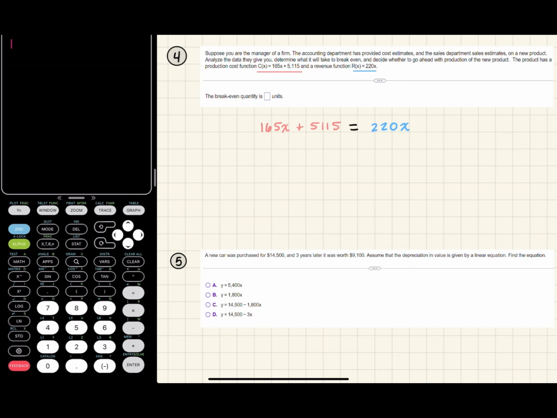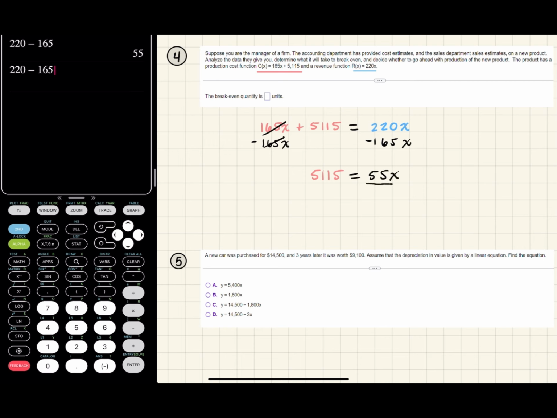So I'm going to get all of the x's on one side. I'm going to move the 165 over. That'll leave us with 5115 equals, and then 220 minus 165, 55.